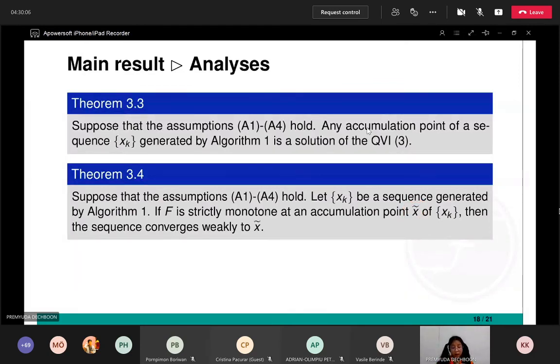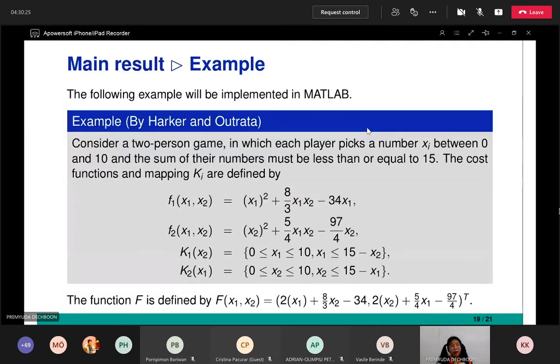By the way, the next one is our example, and our example is in n-dimensional real space, so that we will get strong convergence in our example. So in our example, we consider a game with two players, and each player can pick a number between 0 and 10. When the first player picks, the other one needs to pick, but the sum of the two numbers must be less than or equal to 15.